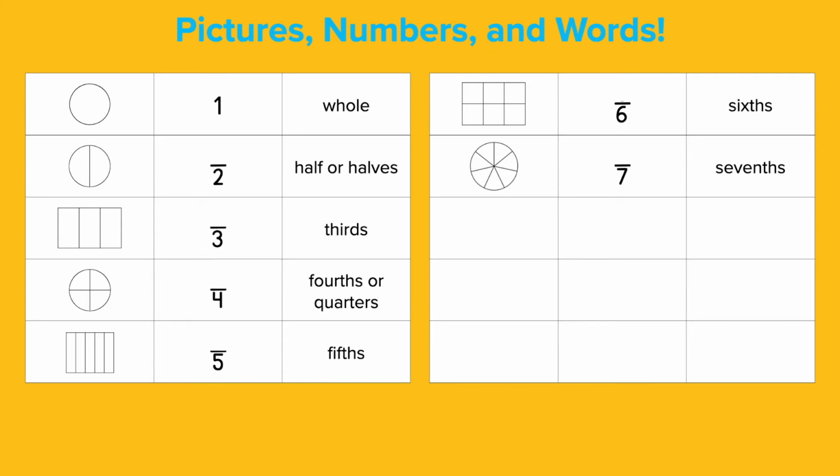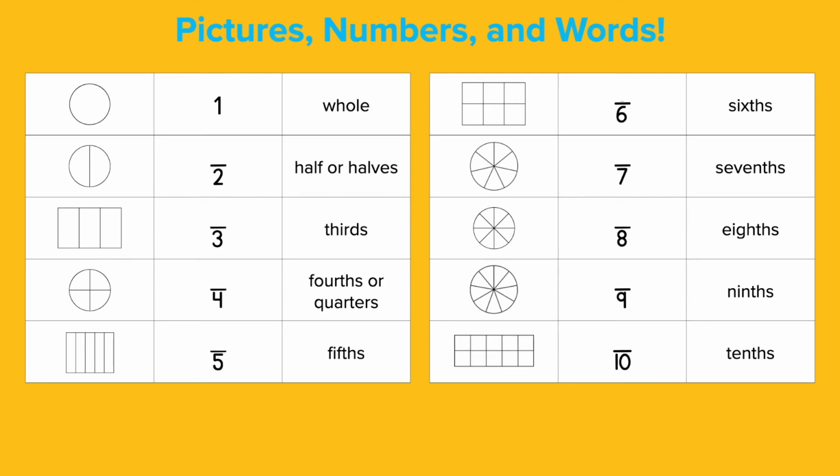If something has been divided into 7 pieces, we use 7 as our denominator and we say the word sevenths. If something's been divided into 8 pieces, 8 is our denominator and we use the word eighths. If something's been divided into 9 equal pieces, we use 9 as our denominator and we use the word ninths.